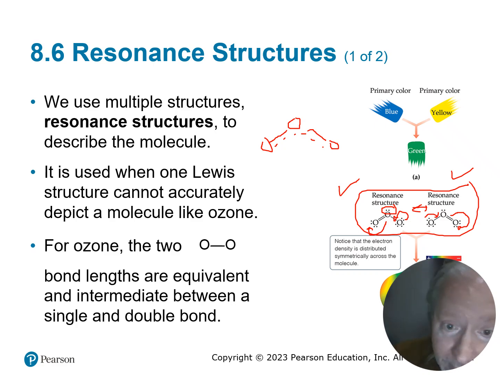The electron density is shared throughout the 2 bonds between all 3 of the oxygen atoms, and it is distributed symmetrically around the molecule. They're trying to show this color analogy, which is kind of cool. So the bond lengths end up being equal. They're equal lengths because the electrons are equally shared, and resonance explains that. So interesting.